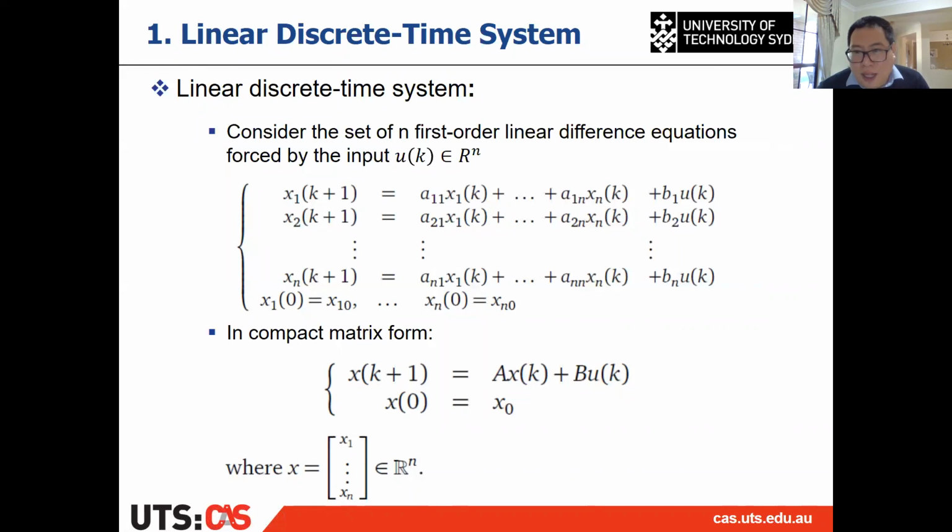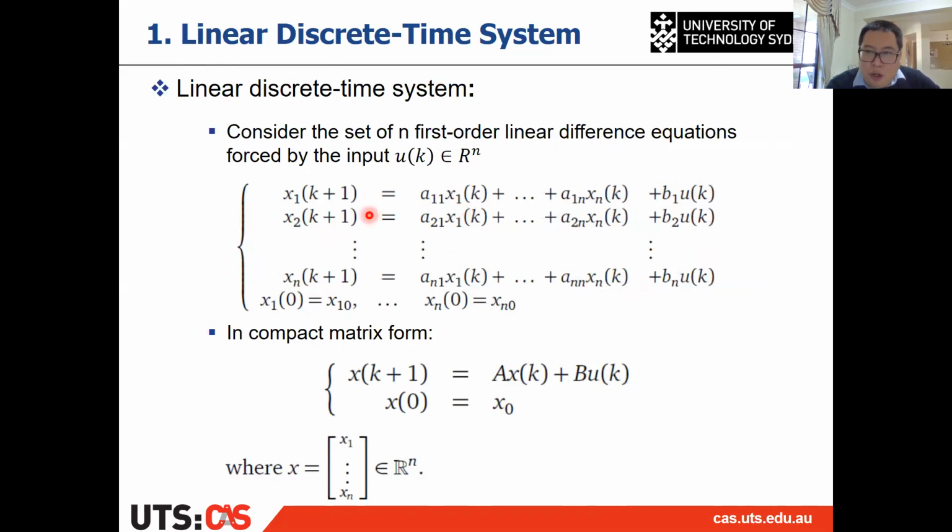Then for each state, you can write a difference equation, which means x1(k+1) is a function of x1(k) to xn(k). x2(k+1) is also a function of all the states. xn(k+1) is also a function of all the states. Then that is n first order linear difference equations for the linear discrete time system.